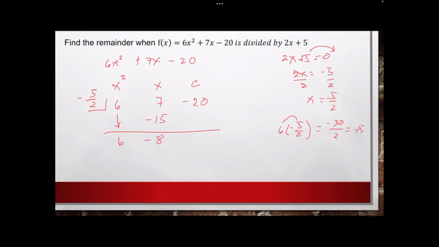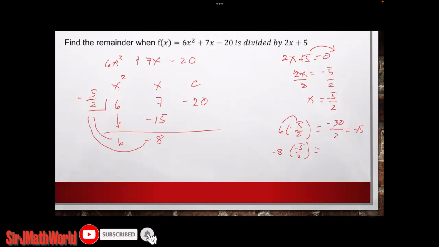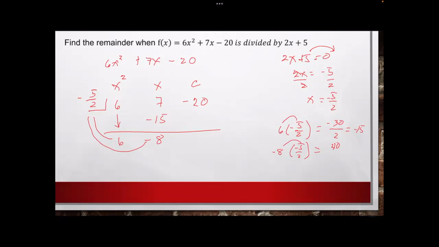And after that, multiply ulit natin. So, negative 8 times negative 5 over 2. This will be positive 40, so 8 times 5 ay 40. Then, divided by 2, this will be 20. So, yung isusulat natin dito is 20.